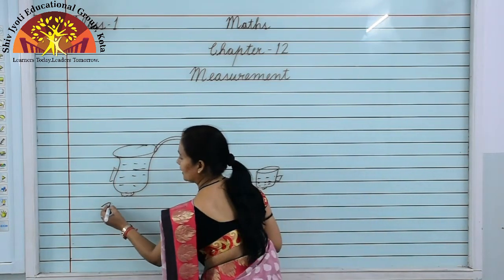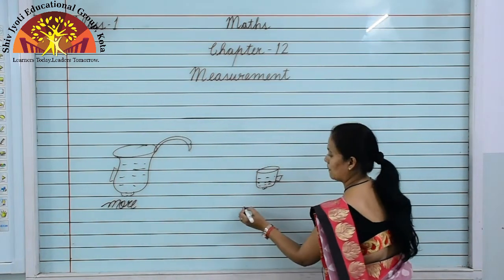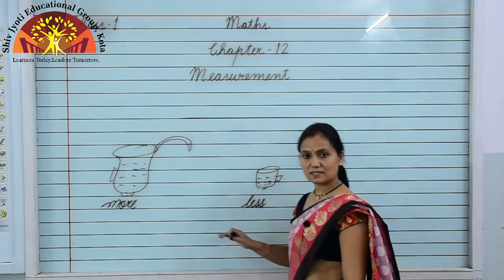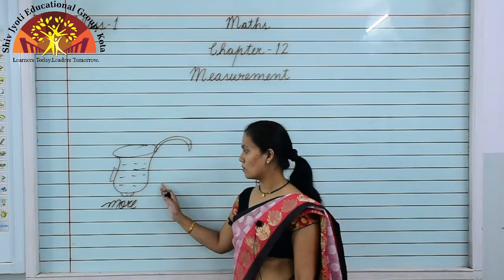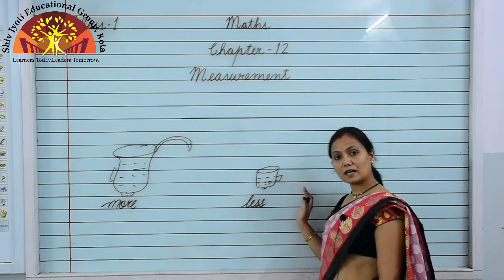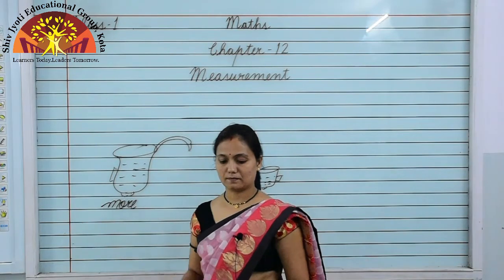So here we can write down more and here less. Or we can say that teapot holds more tea than a cup, or a cup holds less tea than a teapot.